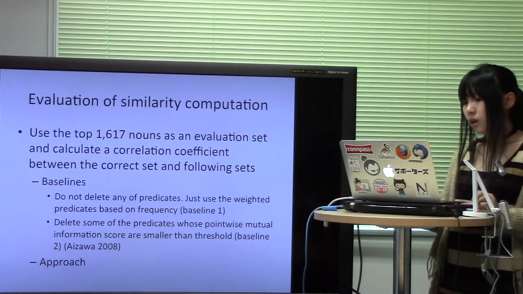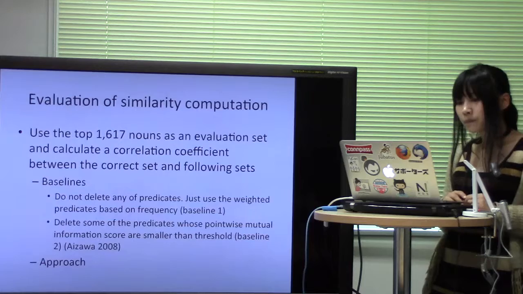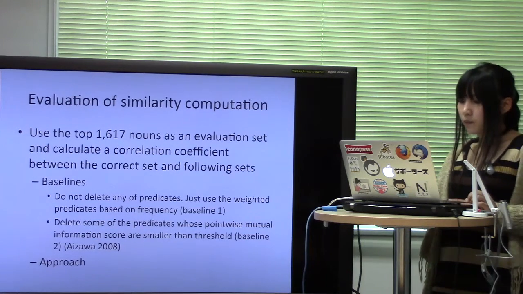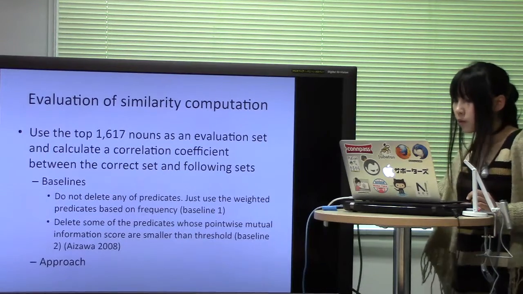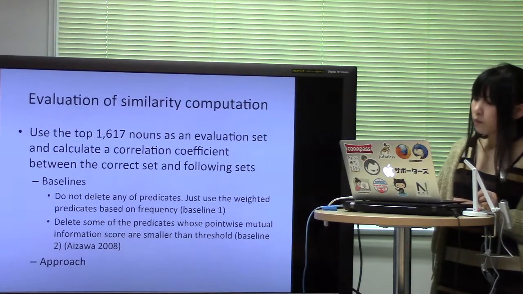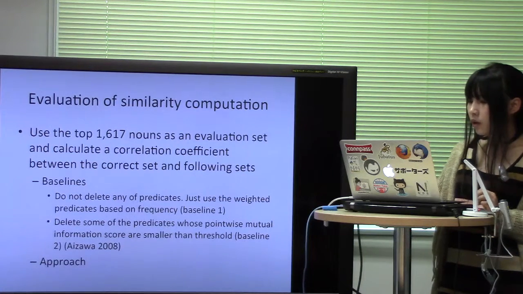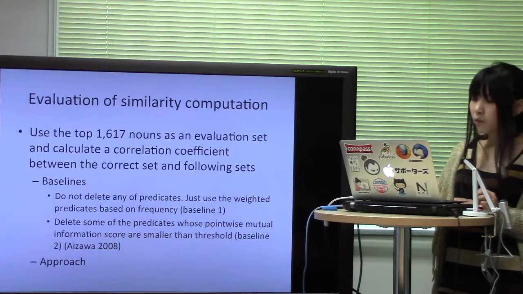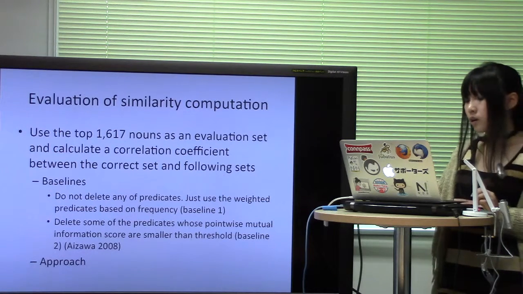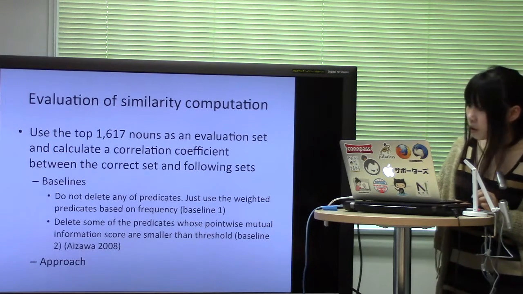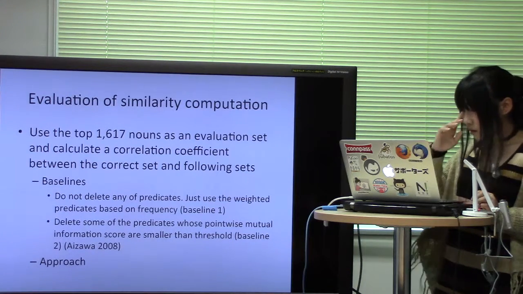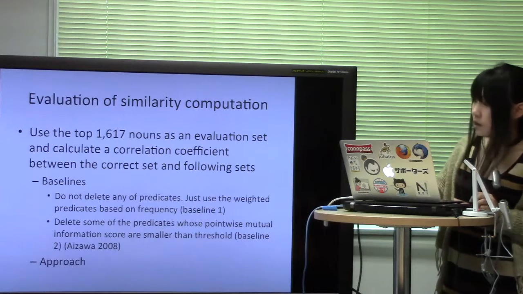We compare our approach to two baselines. Baseline 1, we do not delete any predicate, just use weighted predicates based on frequency. Baseline 2, we delete some predicates whose pointwise mutual information, PMI, score is lower than a threshold. This method is proposed by Aizawa.